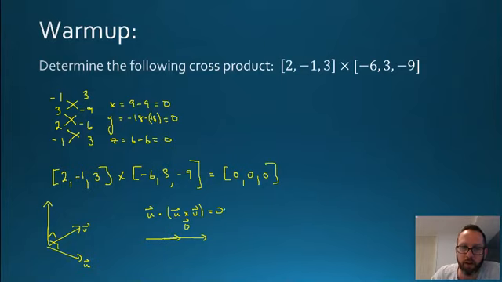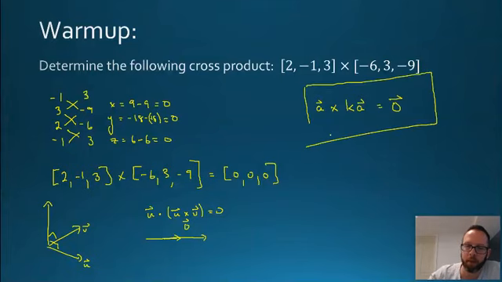So interesting little problem there. The idea is that if you take a vector A and cross it with a scalar multiple of itself, you are going to get the 0 vector. That's just a property you can have in your back pocket moving forward. It might show up now and then.